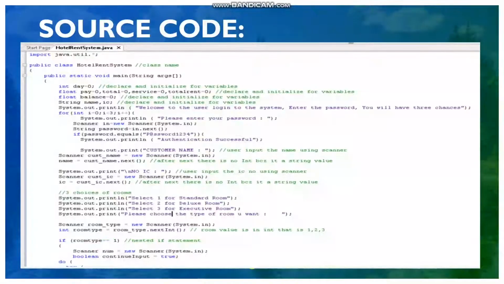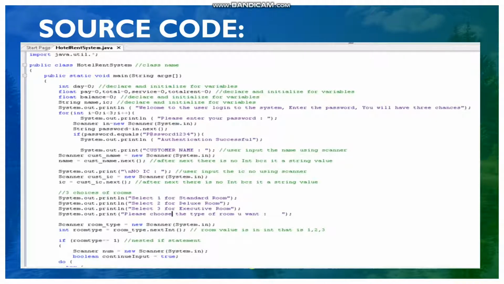For this part, we use the file name HotelSystem.java. Our class name is HotelSystem, and integer day equal to 0 is declared and initialized as a variable.